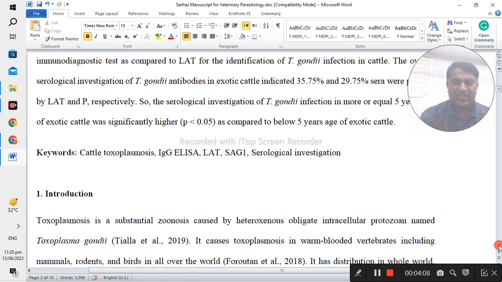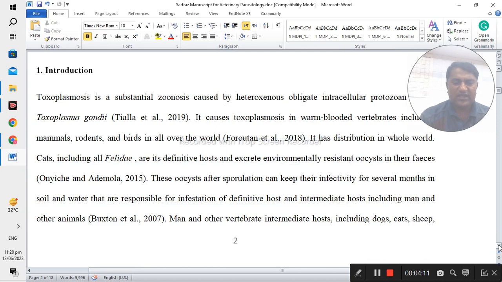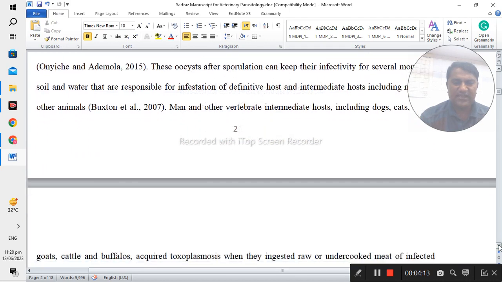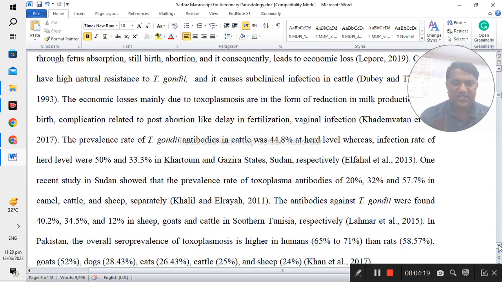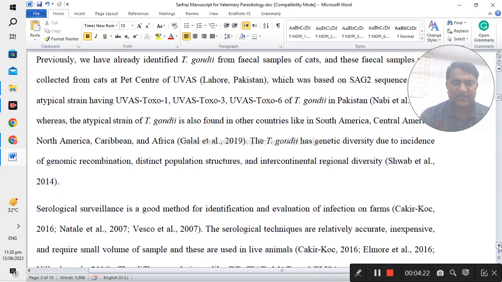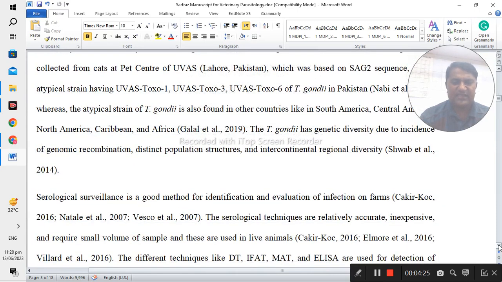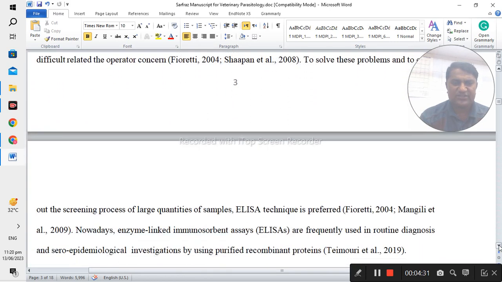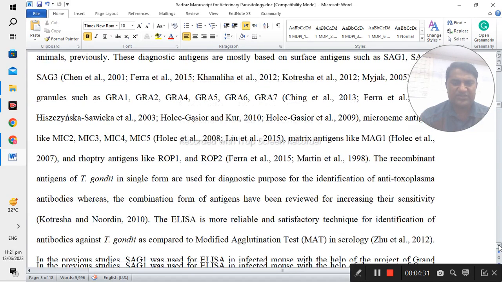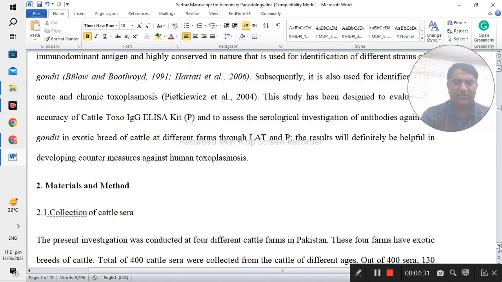In the introduction you write about your disease, or the techniques you have used in this research, and after that you should write 3 to 4 lines which denote the objective of your study, at the end of the introduction. You can see here: this study has been designed to evaluate the accuracy of the cattle toxo IgG ELISA kit.